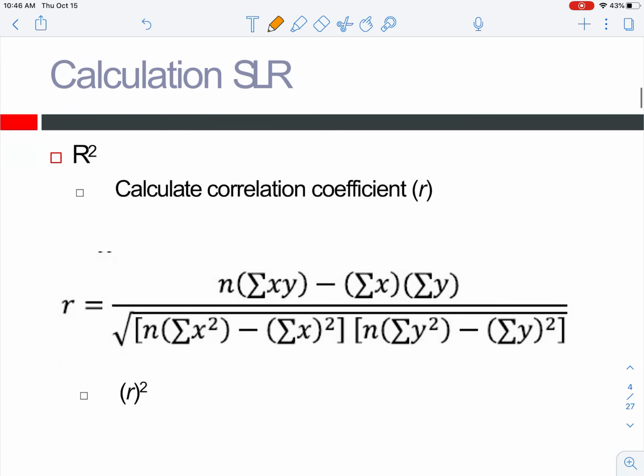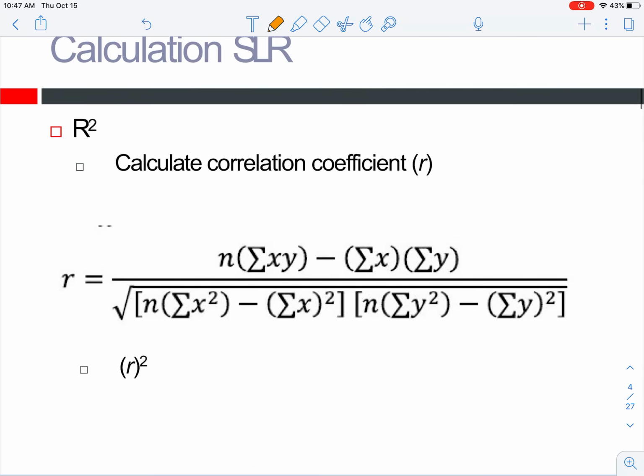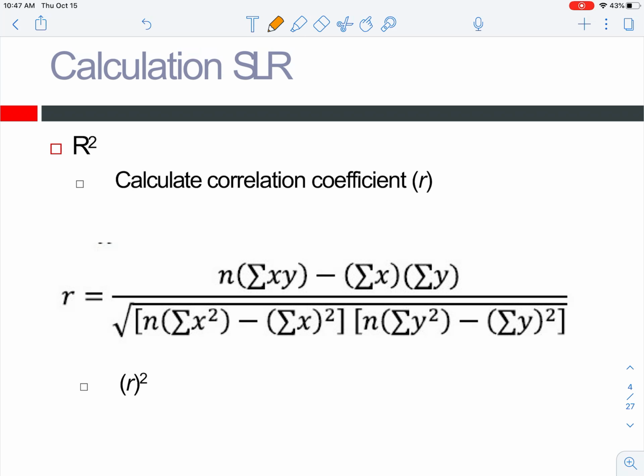So simple linear regression and our correlations are very, very connected. In fact, our simple linear regression is built off of our correlation, and we use our correlation calculation or our equation to actually find our r squared. This is how we find our coefficient of determination and are able to explain variance based on our independent variable.